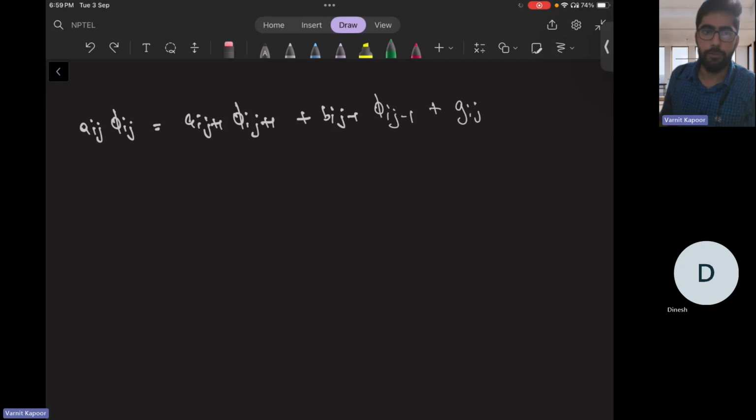All right. So for i from 1 to n and similarly j from 1 to n, you can call TDMA and check for the convergence.